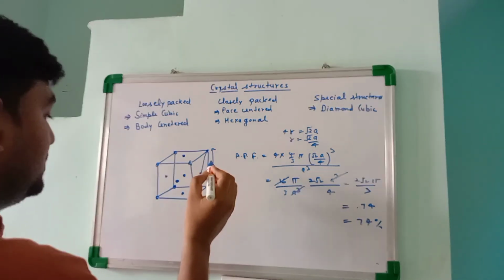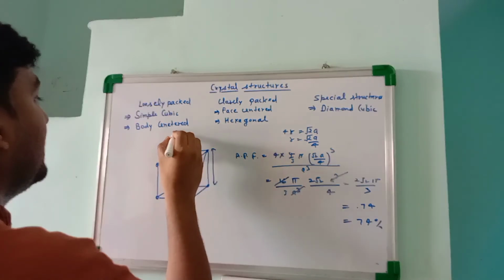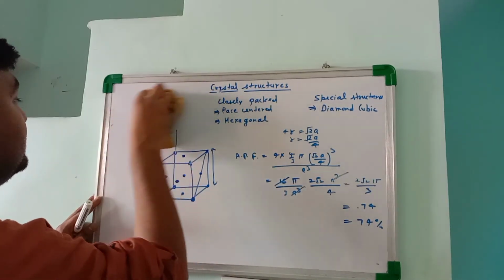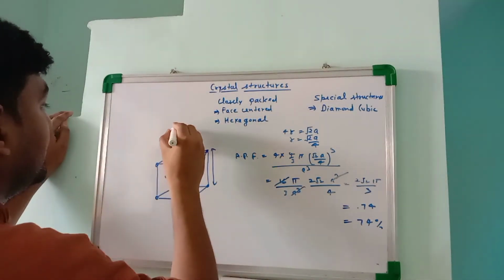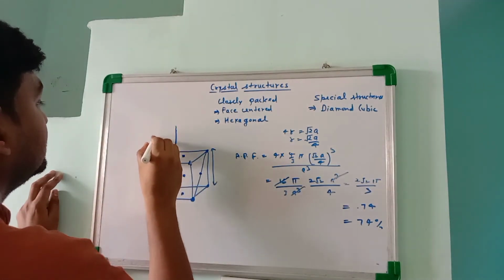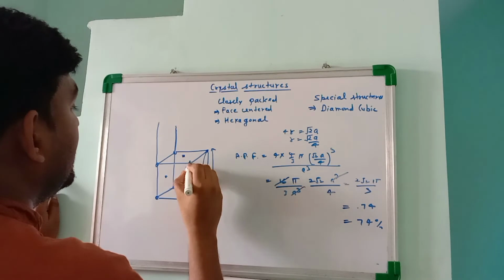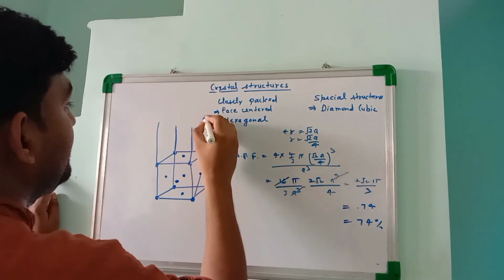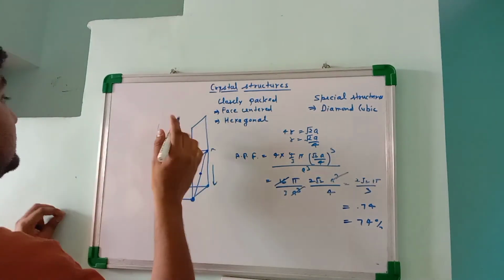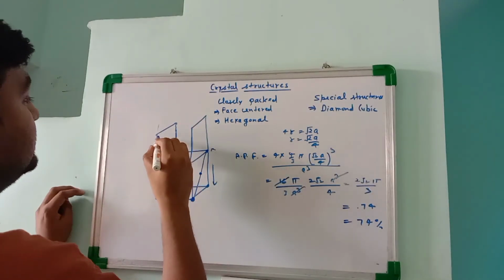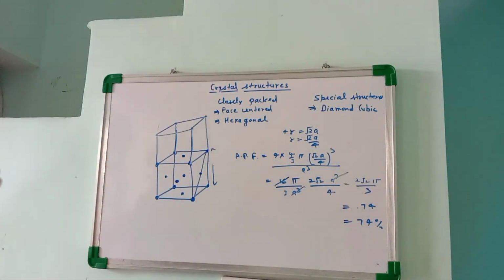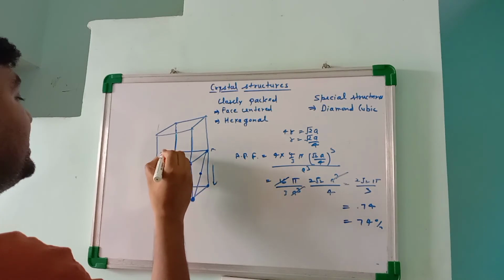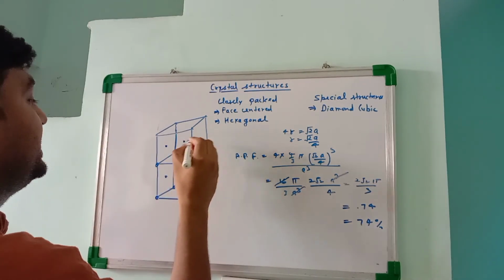If we draw one unit cell on the upper side, for this reference atom we get 1, 2, 3, and 4.